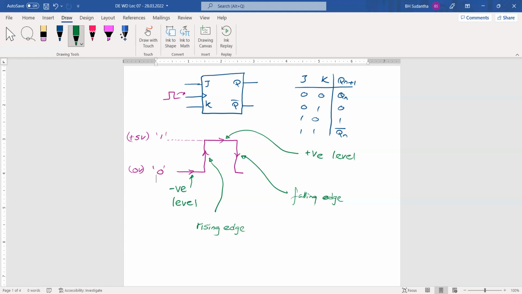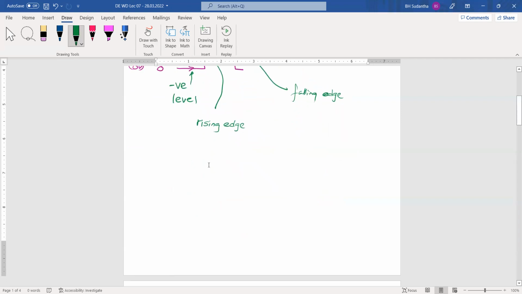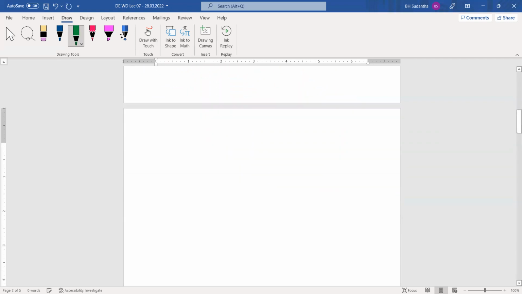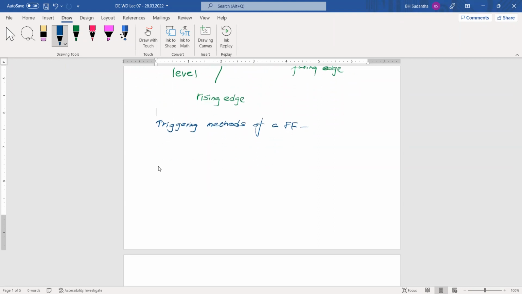But anyway, the manufacturers have developed different types of flip-flops, having different triggering parts of the clock pulse. Then we say these are the triggering methods of a flip-flop. So here, this is our clock pulse.